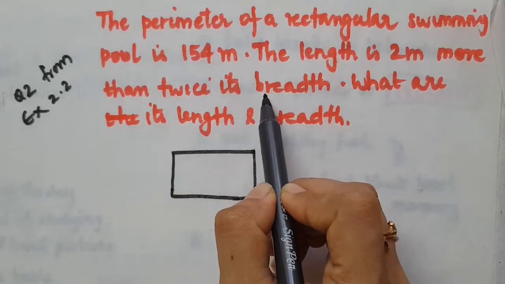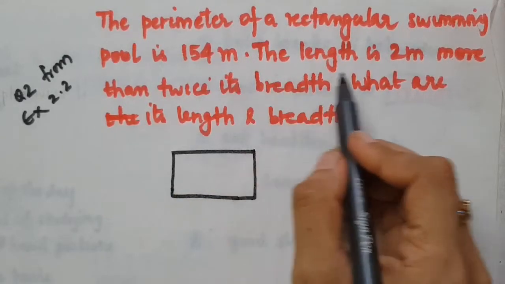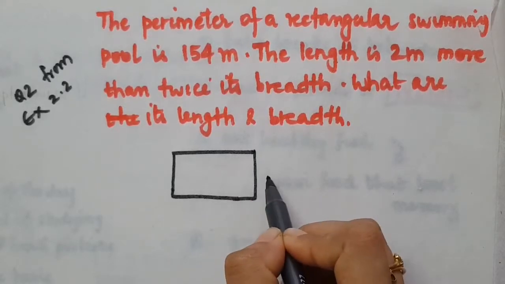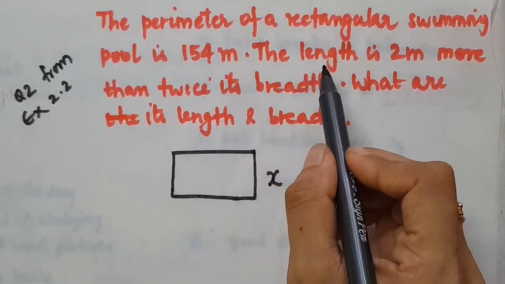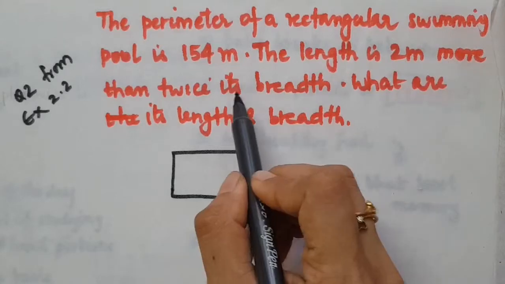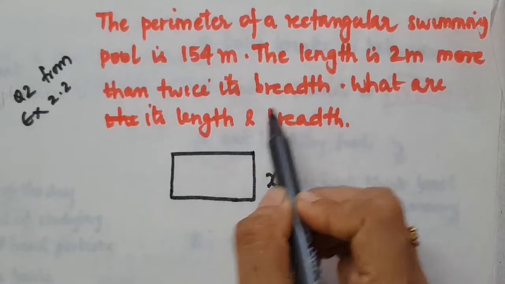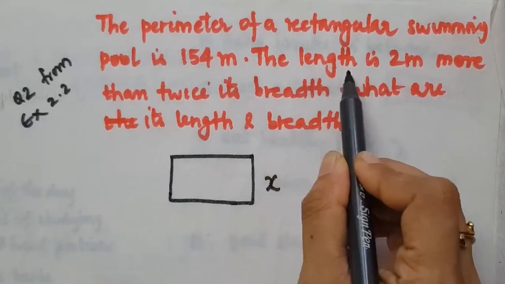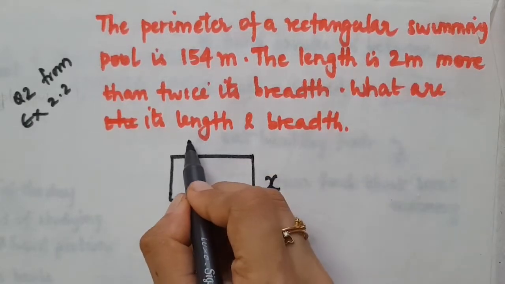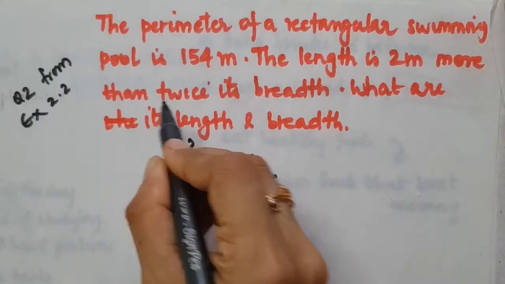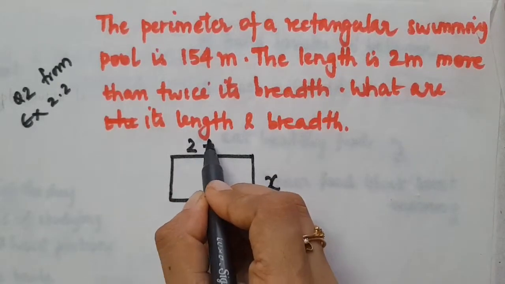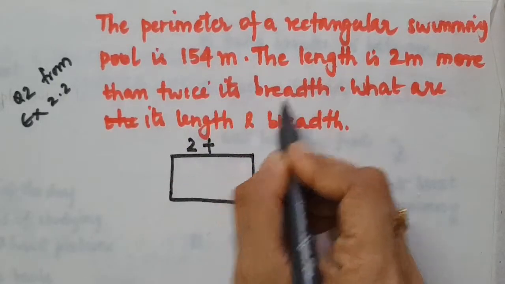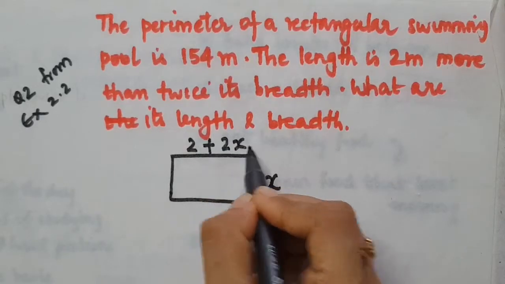Okay, so let's see, this is the breadth, so we'll take x as the breadth, because the length is 2 meters more than twice its breadth. So if breadth is x, the length is 2 more than twice its breadth. So 2 meters more than twice its breadth is 2 plus 2 times x.